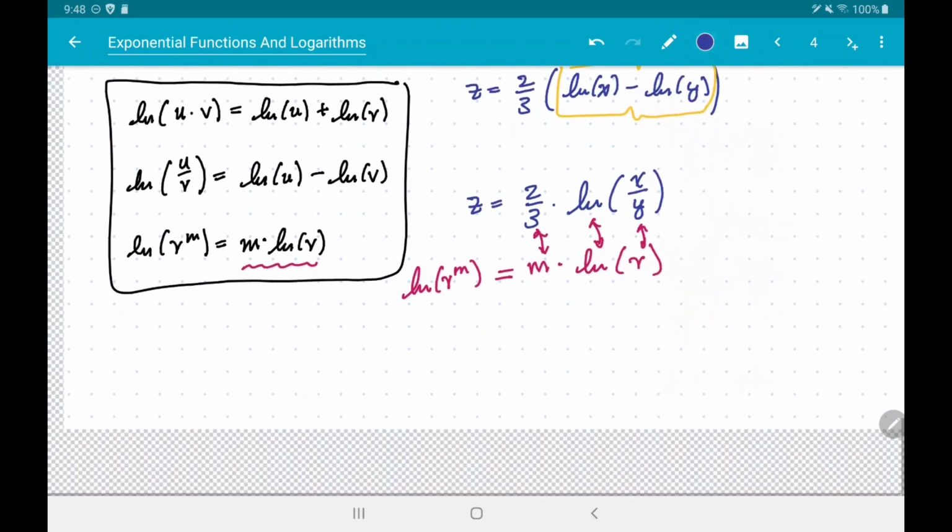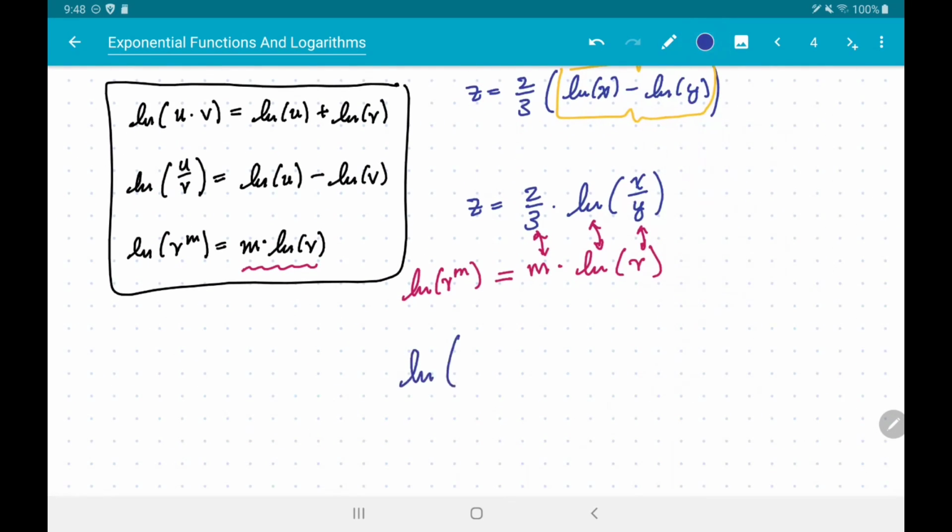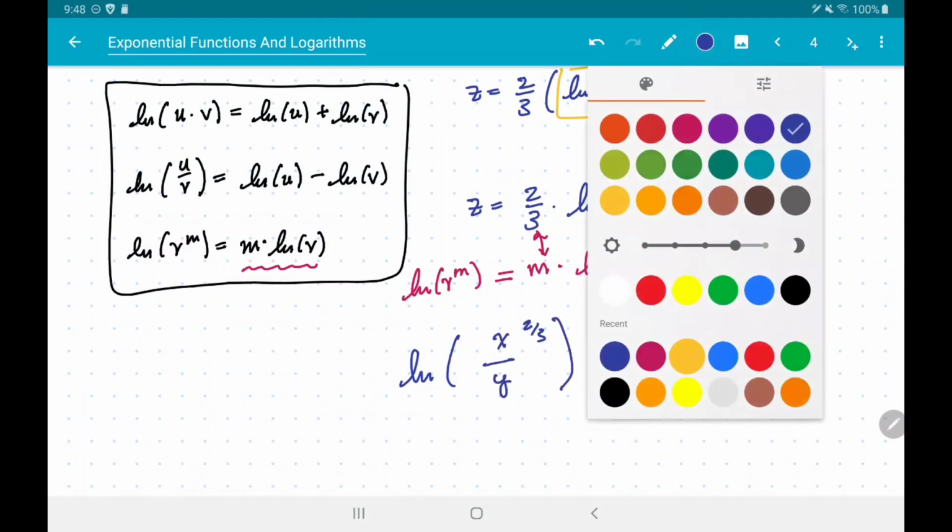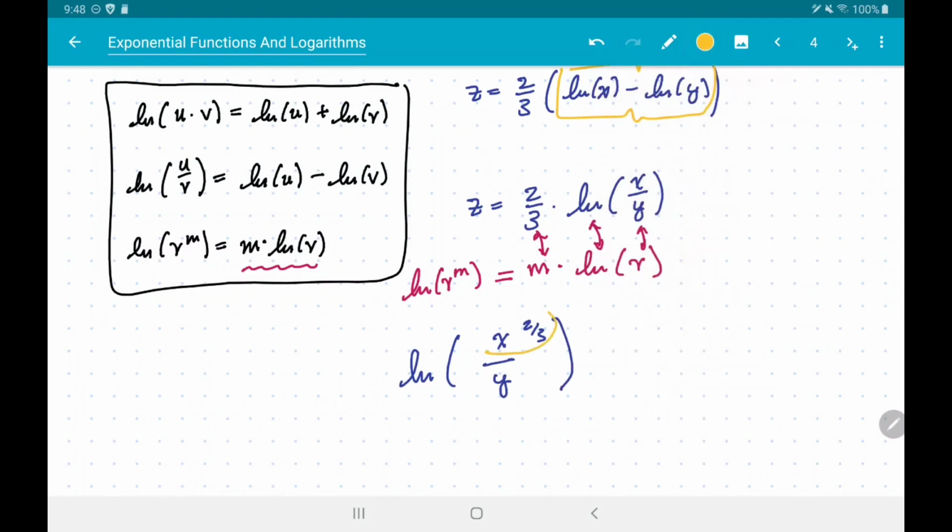Well, if I'm going to use power 2/3 and apply it to division, if I don't have the parentheses, then the interpretation of this is to apply power 2/3 to x.